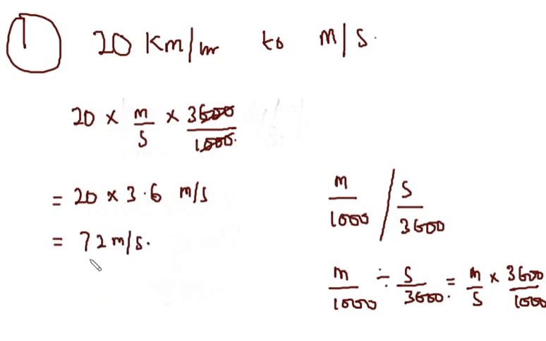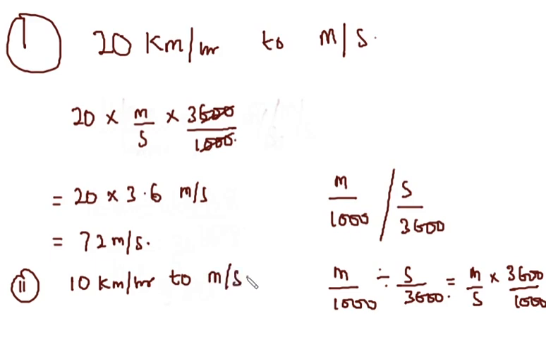So this simply means that any time you want to convert from kilometers per hour to meter per second, you multiply by 3.6. For another example, say we have to convert 10 kilometers per hour to meter per second.